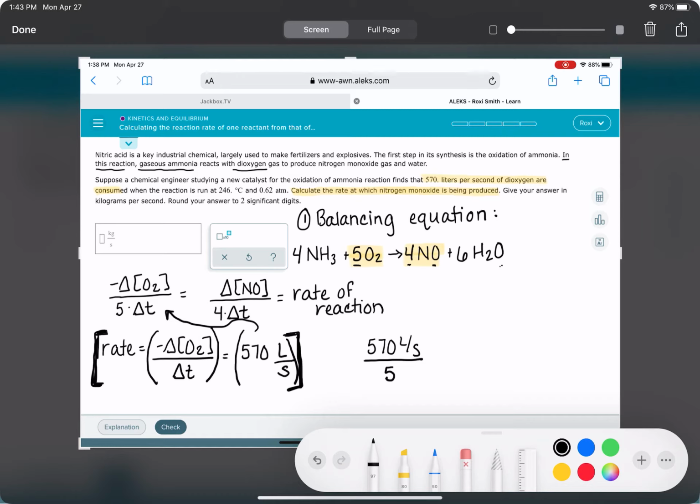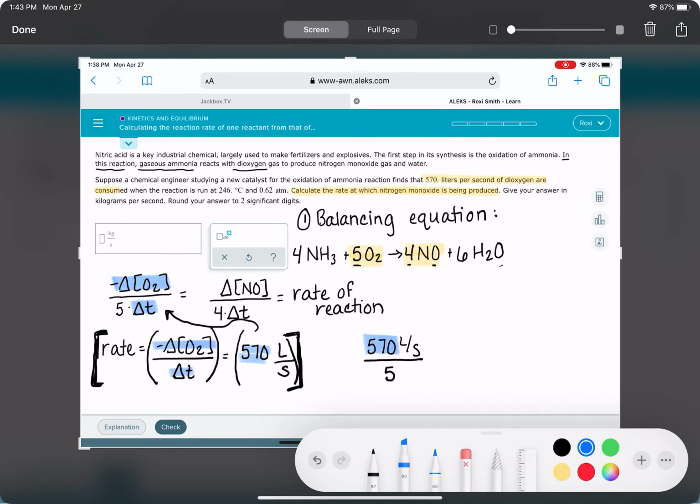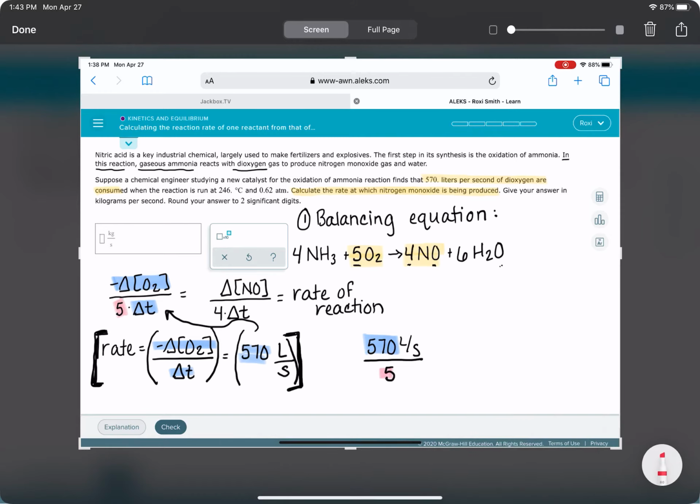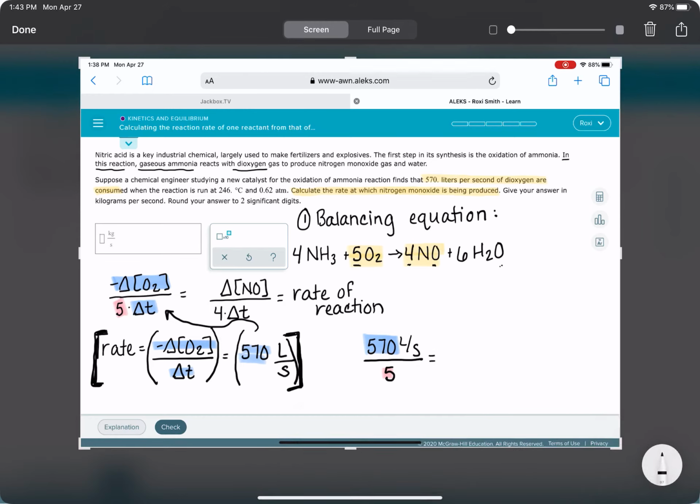I'm going to slow this down a little bit for you because I know this is tricky. So we're taking delta O2 over delta T, that's this stuff right here, and we are substituting 570 for that number right there. But nothing has happened to the 5. The 5 is still there. 5 needs to be there to make this a rate of reaction instead of making it just a rate of oxygen. That is going to be equal to delta NO over 4 delta T.